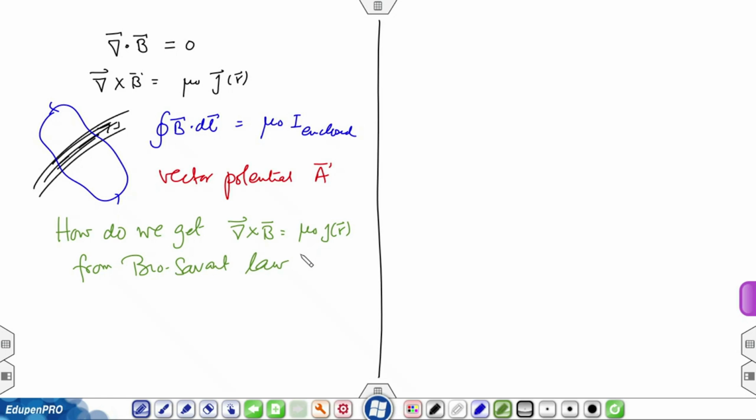So, let us see, if I have a loop, and let us make this a thick loop. I have a loop in which a current is flowing, thick so that I can define a J. I have this thick loop in which current I is flowing. This is a section of the loop, and there is this current density J(r) in this. Let us say this is r prime.